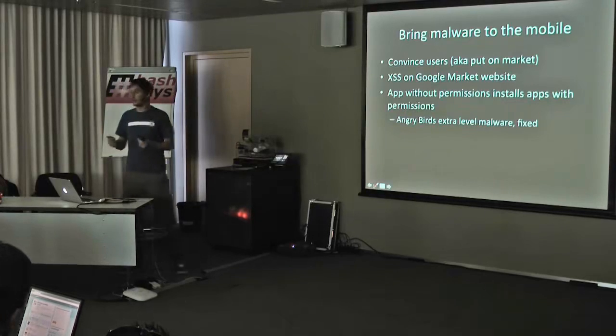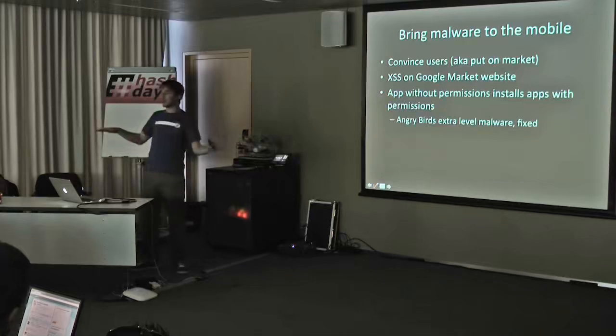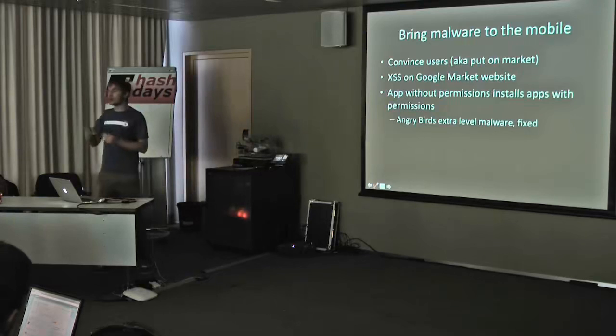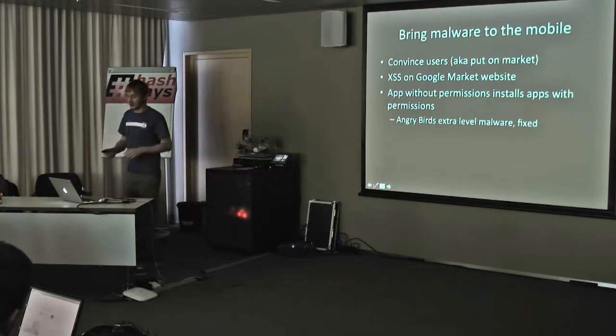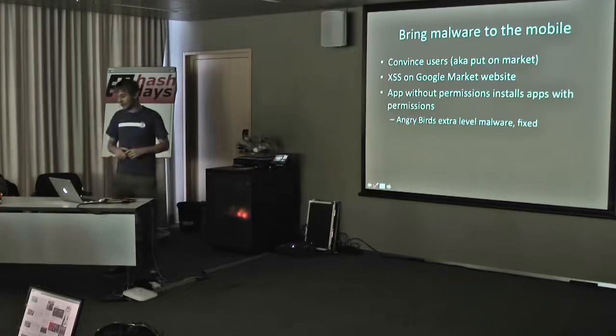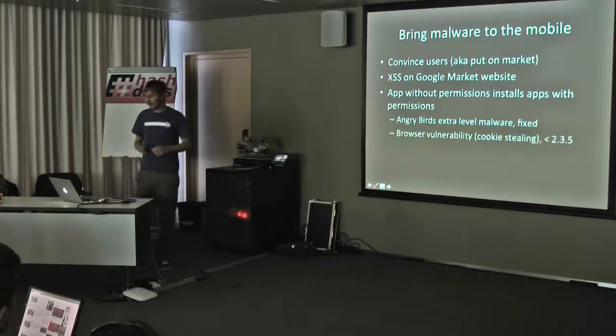So basically, there is an app which has no permissions at all, and it will exploit something to install another app which has all the permissions. One example was this Angry Birds extra level malware, which was done by John Oberheide.